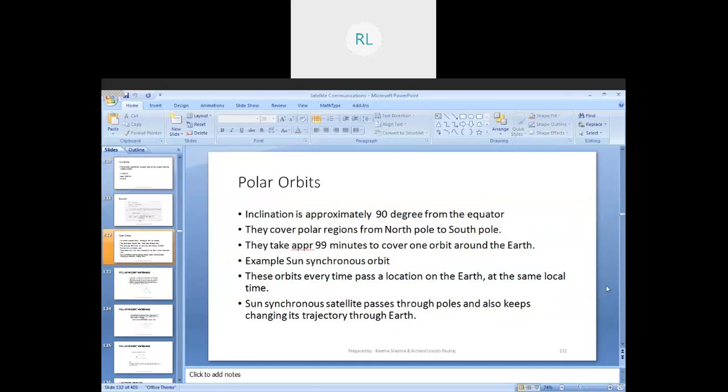So in that angle, it goes around, and that is nothing but called your Sun synchronous orbit. So that is what we can see here. There's an angle that gets created with the Earth, with the Sun, and the orbital plane of Sun. So that is called a Sun synchronous orbit.